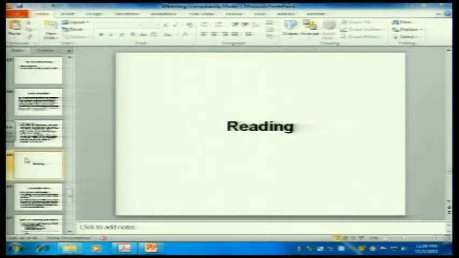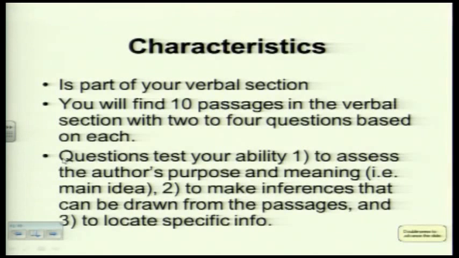Since we are tight on time here, let's proceed to the reading section. The reading section here is part of the verbal section. And for the reading section, you will have about 10 passages or so.